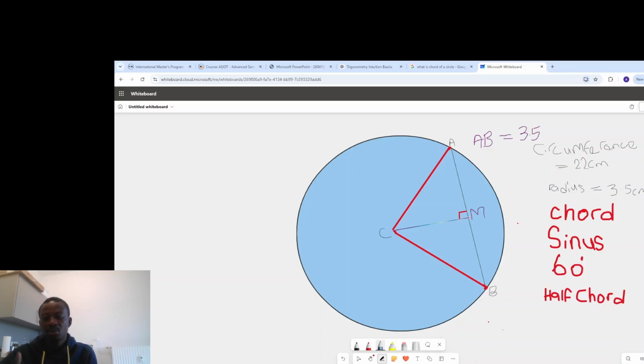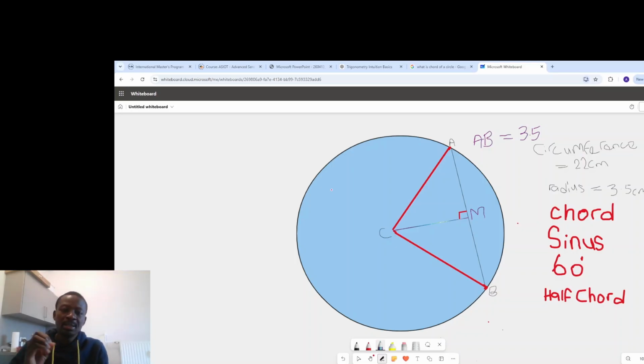To do this, we can use a ratio of the distance from the center to point A to the radius, and that is what today we have as sine. So when you put sine theta in your calculator and it gives you an answer, it's just using this relationship. That's what we call half chord ratio.